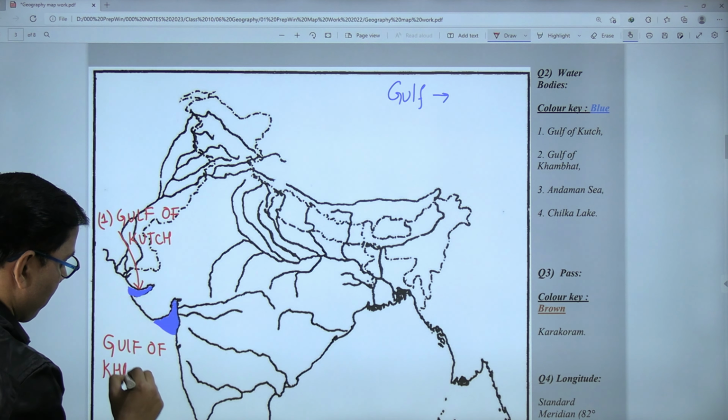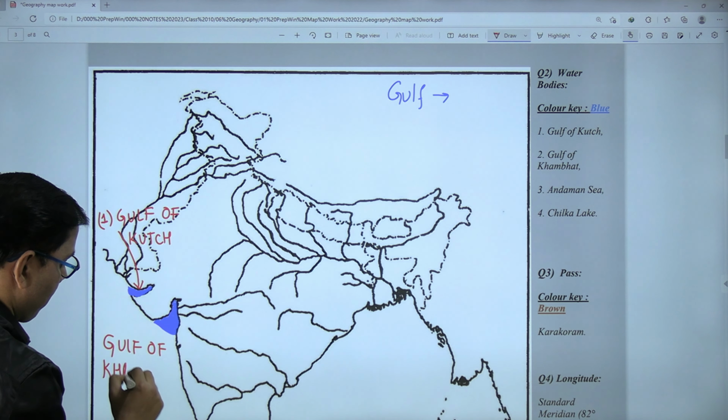How do you mark that? Do you remember Allahabad or Prayagraj, which I have marked earlier? That is a region where Ganga and Yamuna rivers meet. Okay, first and second one. So this is my Prayagraj or Allahabad. So this point, and look at Sri Lanka, the outermost point.